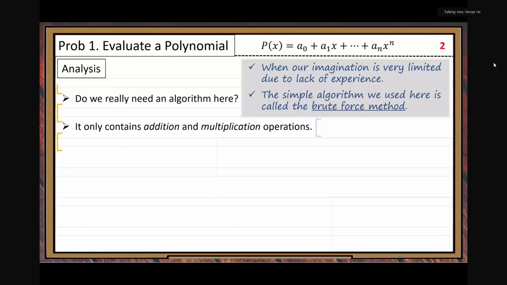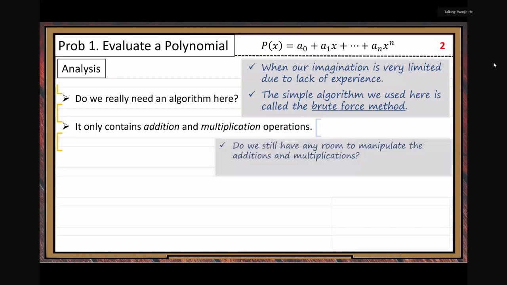Otherwise, if we need to worry about two different objects, it's more complicated, right? So we want to do the uniform way to deal with two different operations. So let's do the preparation work.